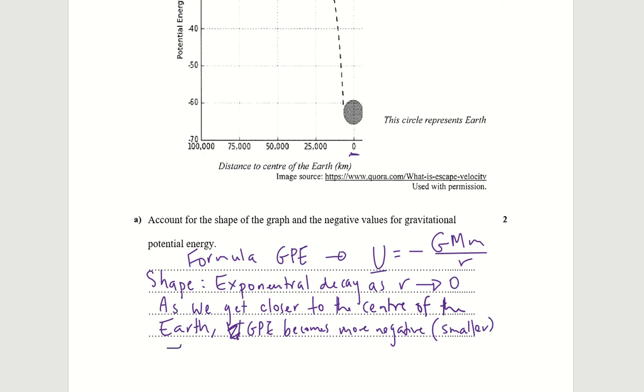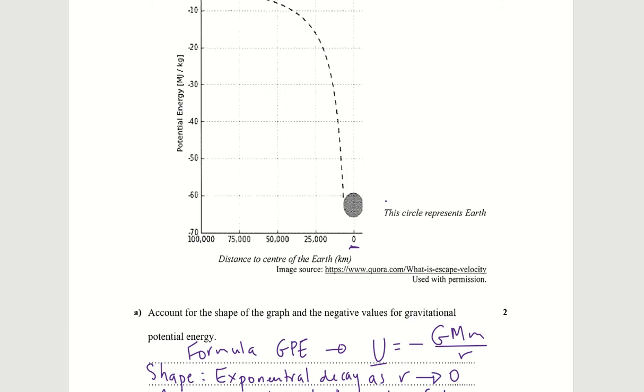And what we do know is as the radius is increased, GPE becomes less negative, and so it becomes larger. So that's what we can analyze from the shape of the graph that we have.